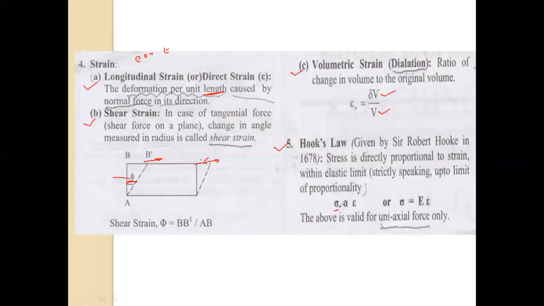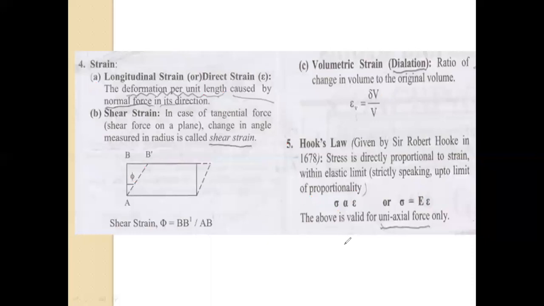Stress is denoted by sigma and strain by epsilon. When the proportionality sign is removed, a constant is introduced, called Young's modulus, E. So sigma equals E into epsilon. Please remember that Hooke's law is valid only up to the limit of proportionality. Mathematically, sigma is directly proportional to epsilon.